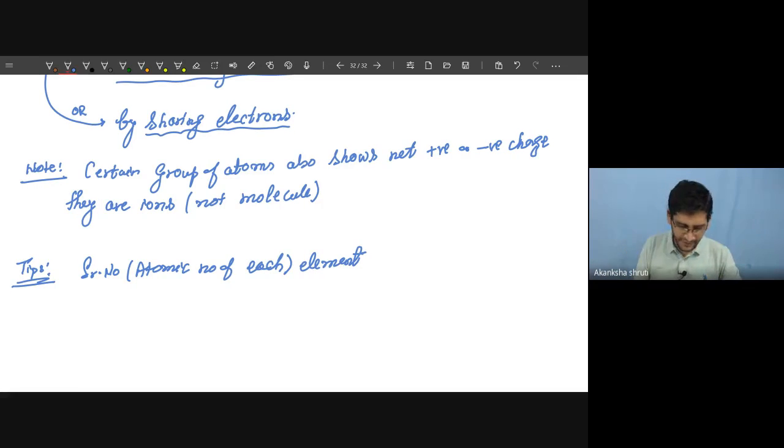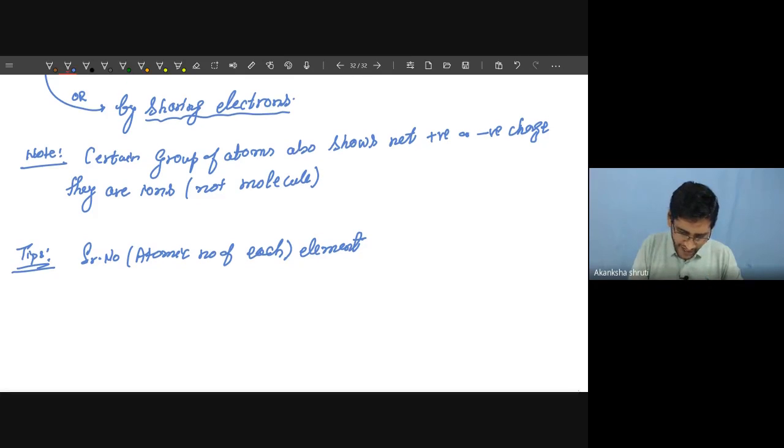This first you have to keep in mind. Then you have to keep in mind the noble gas. They do not have combining capacity. So the first point is this.